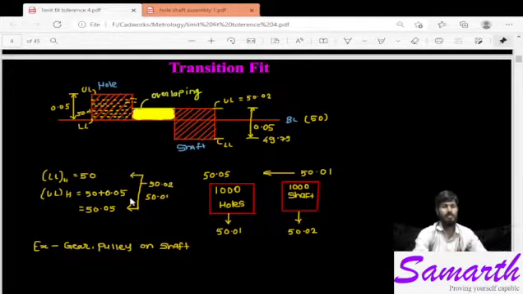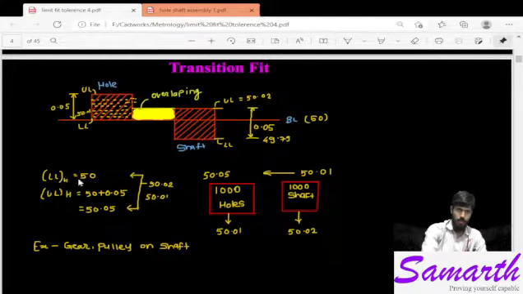Right. Now, here you can see the lower limit is 50 and upper limit for hole is 50.05. Now, some shafts are there having dimensions, let us say 50.01 to 50.02, which is falling in this range.